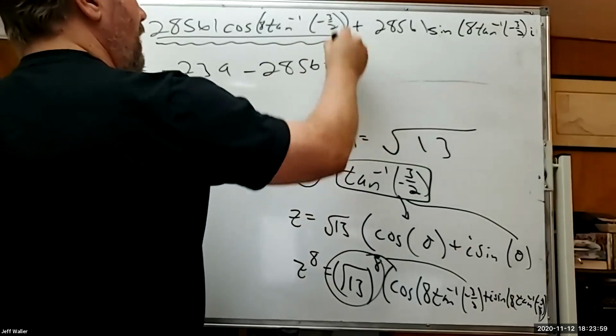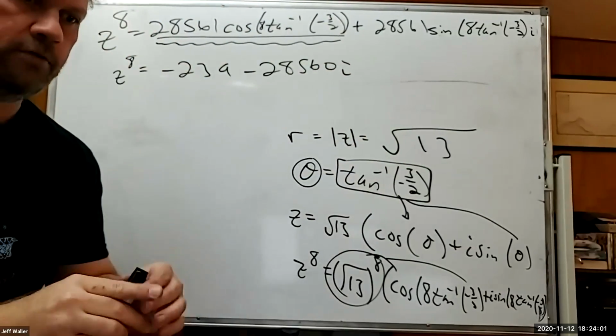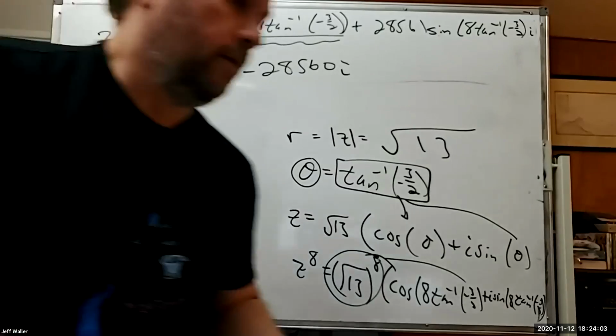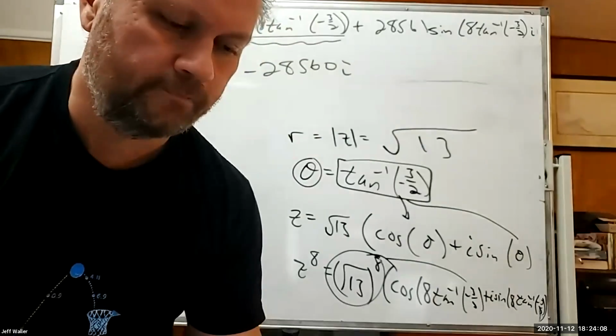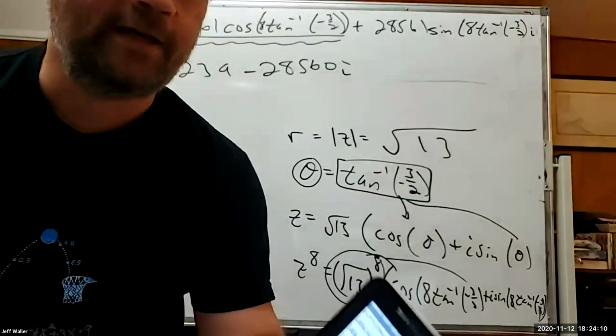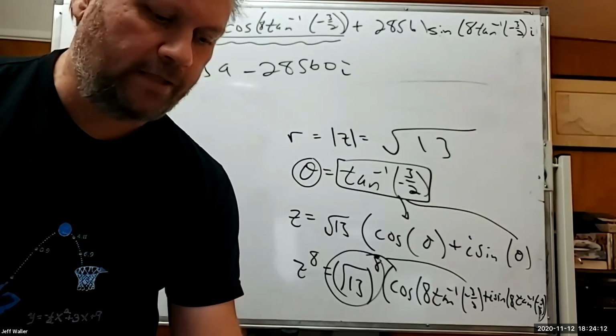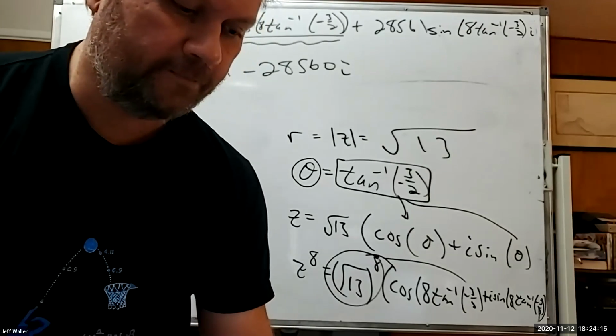I forgot what I got. -28560. So minus 28560 I. Now, just to bring this home, do you guys know you can do complex numbers in your calculator? Do you look above the period at the bottom of your calculator? What do you see?